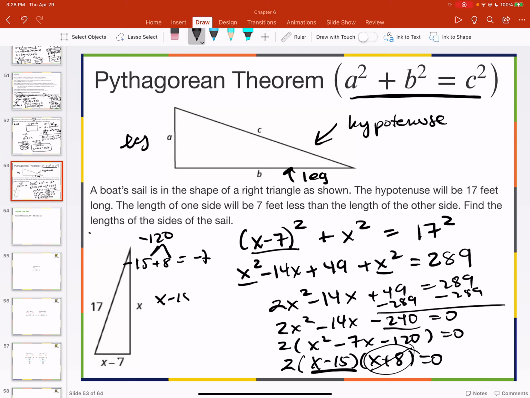So x minus 15 is equal to 0, so x is equal to 15 by adding 15 to both sides. That's one side, and the other side is 7 less, so that's 15 minus 7. Oh my goodness, you guys. 15 minus 7 is equal to 8. So we have 15 and 8.